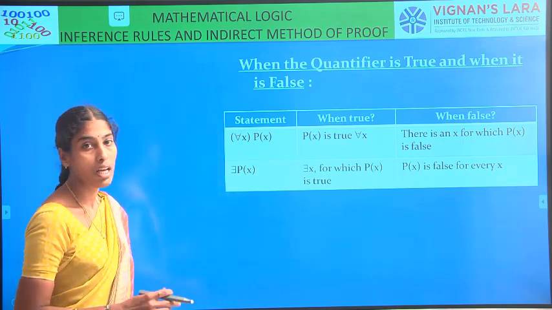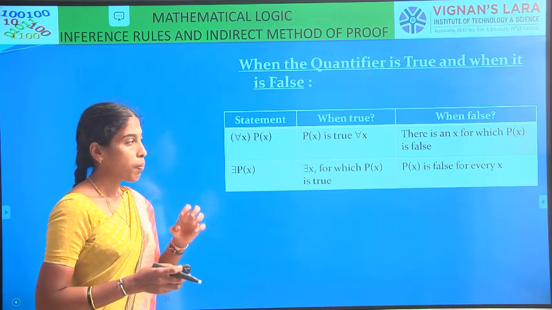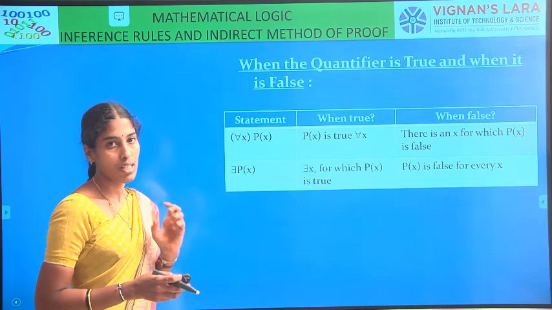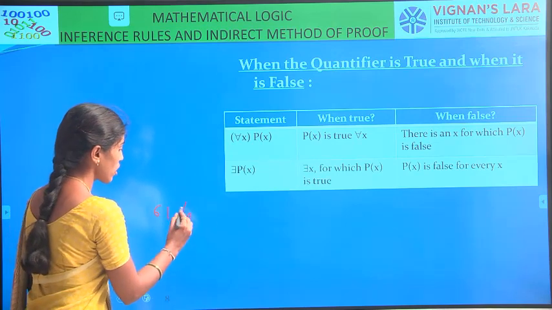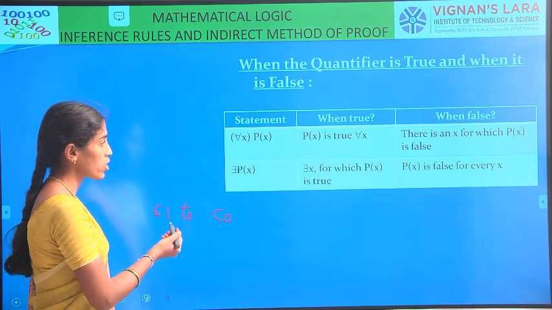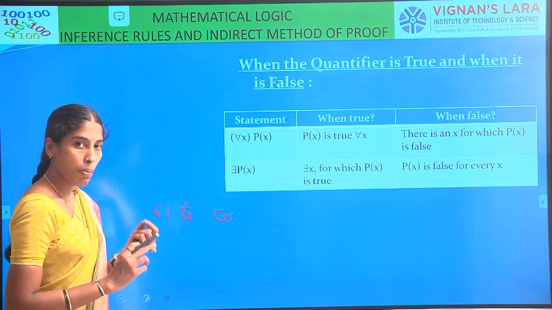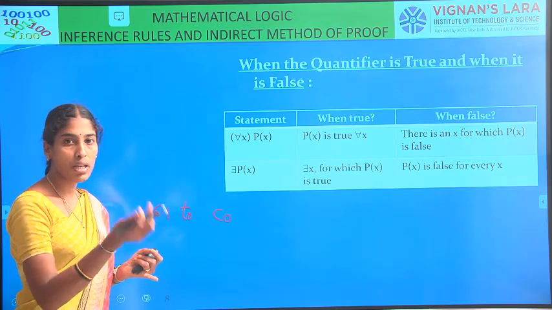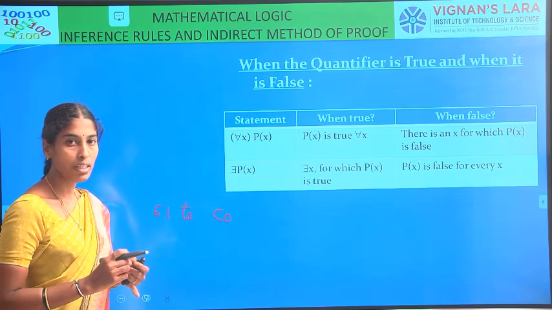Suppose if I consider every student in CSE B section passed this subject MFCS, right? So from roll number 61 to C0, every student passed the subject MFCS. So if I call roll number 91 or roll number A1 or B1, any student, right?